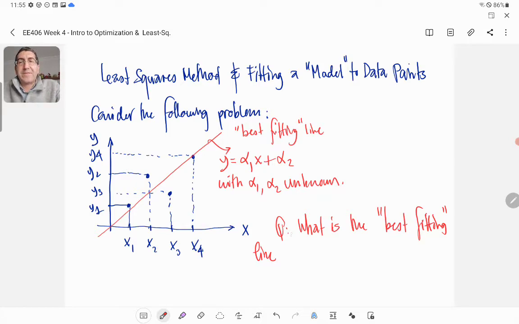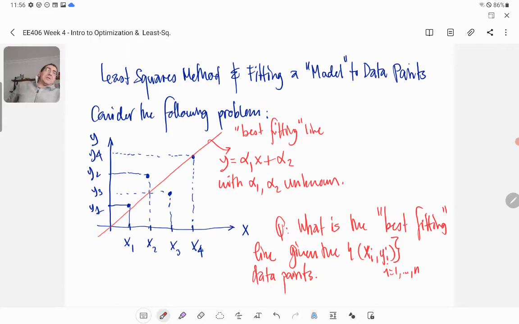Okay, so given (xi, yi), i equals 1 up to n data points.